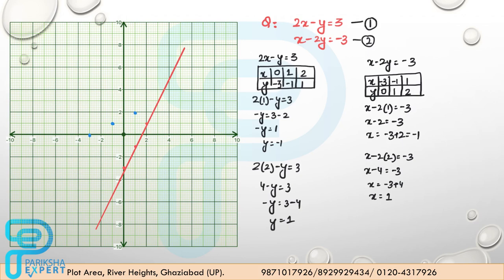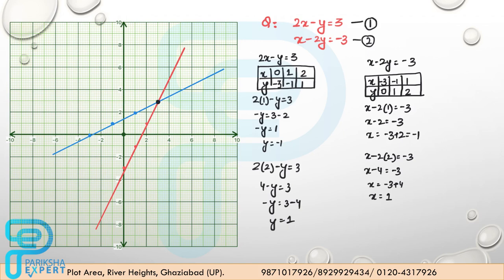Now in the similar way, as we have joined for the first equation, we will now join the line for the second equation. And we will get a point where both the lines are intersecting each other. This will be the answer for our question.